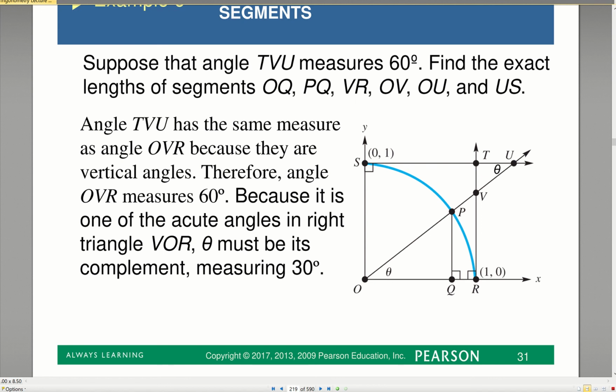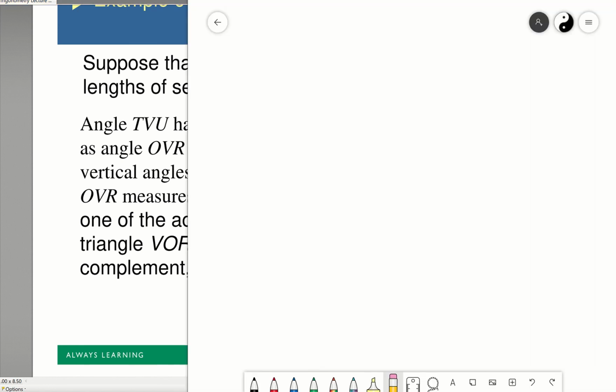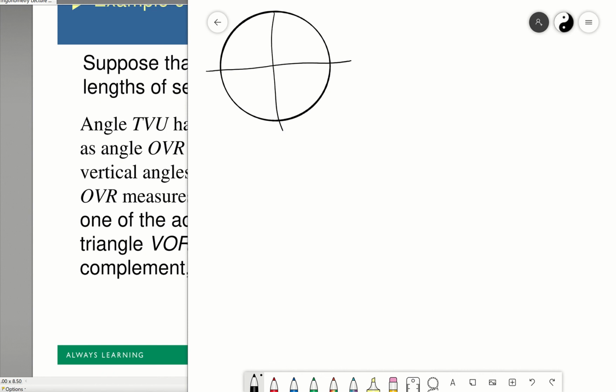So rather than using the lengths of the sides, which we don't know, we're actually going to use what we know about a 30-degree angle and come up with those values that we need. So you know that, for example, the sine of, if you take a quick look at a 30-degree angle in the unit circle, that corresponds to pi over 6, right?